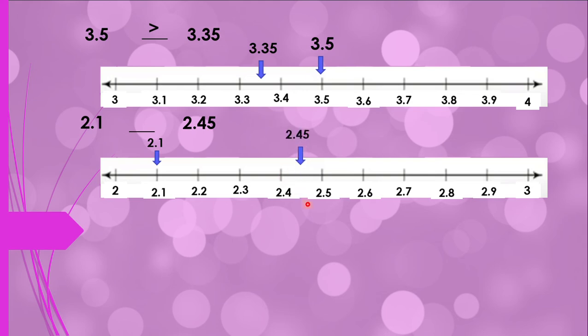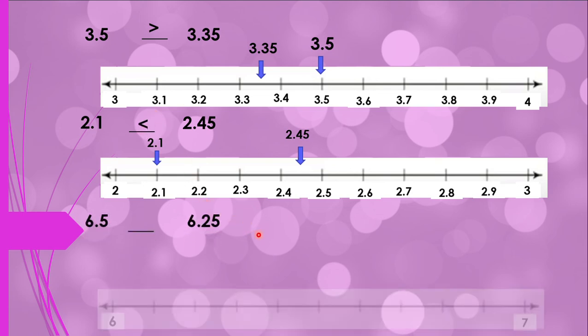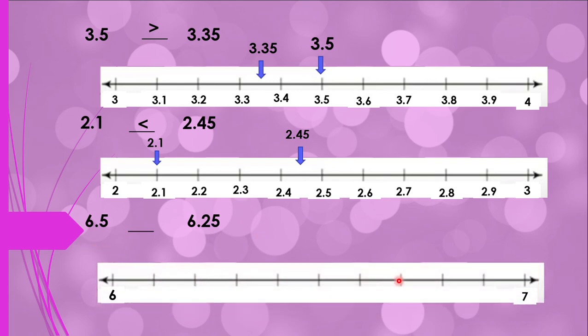See? So which is bigger, 2.1 or 2.45? You have to see after the decimal point. This is 1, this is 4. So this is bigger, 2.45. This one you will do on your own, and we will discuss it later on in the Zoom lesson.